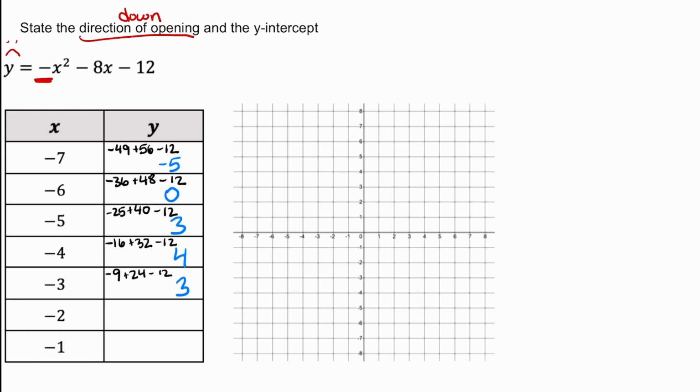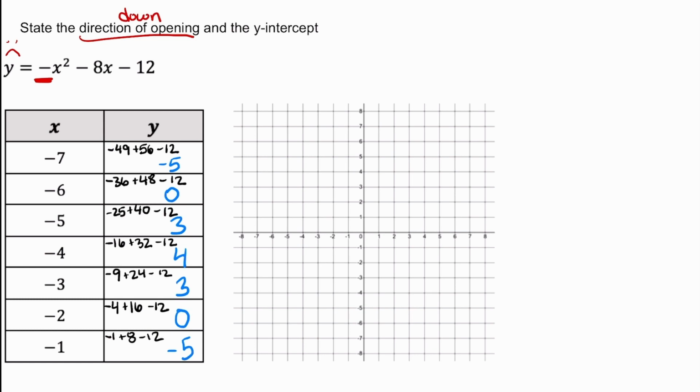So -2 squared is going to be 4, times -1 is -4. -2 times -8 is positive 16, minus 12, and that value is going to be 0. -1 squared is 1, times -1 is -1. -1 times -8 is positive 8, minus 12. That value is going to be -5.